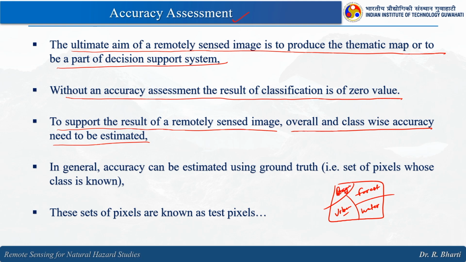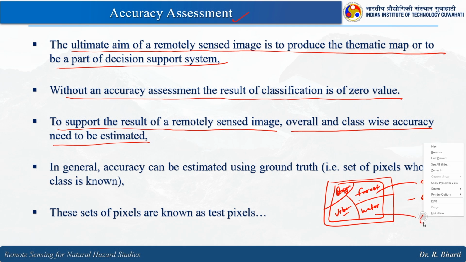So, whether my whole classification, the overall accuracy is 60%, but class wise my accuracy can be less or more. So, some of the classes may be 90% accurate, some of the classes may be 60% accurate, some of the classes can be 50% accurate, and on an average you are getting the overall accuracy of 70% maybe, right.